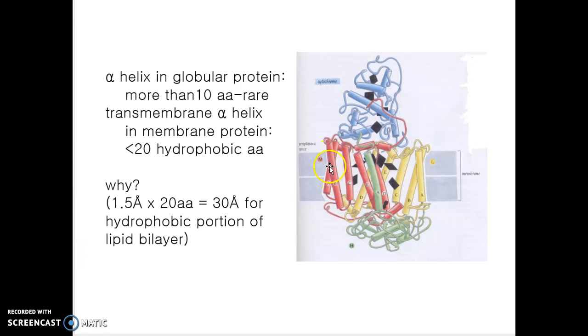In this case, a transmembrane alpha helix could be predicted from the residue sequence.